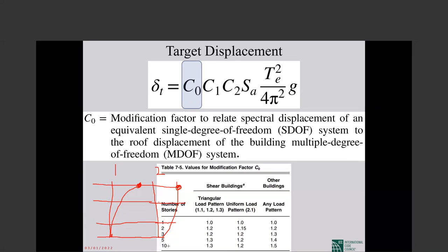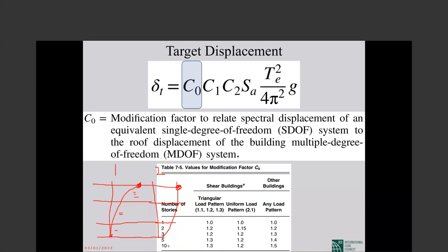If you look at item number 1, at the first story, between bottom and top, there is not much deformation in story 1. But in story 2, between bottom and top, the difference is more. In story 3, even more.